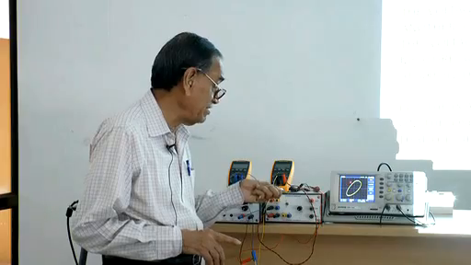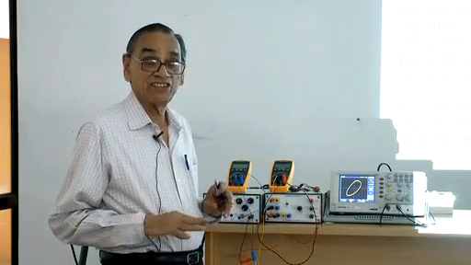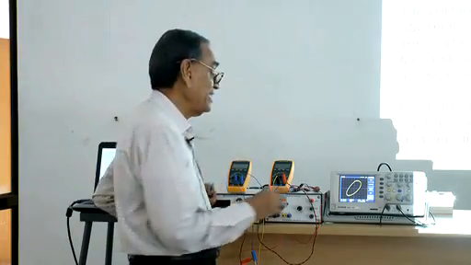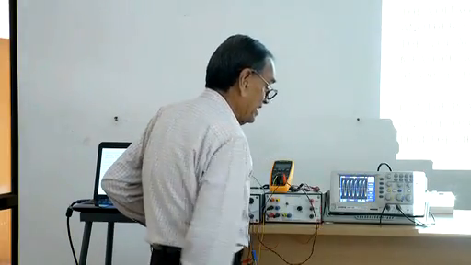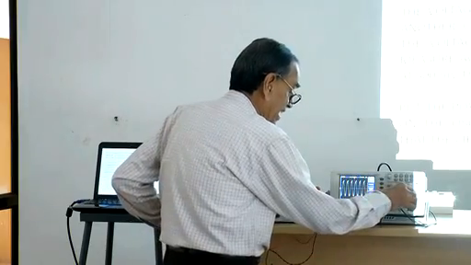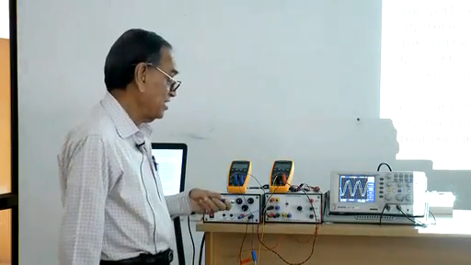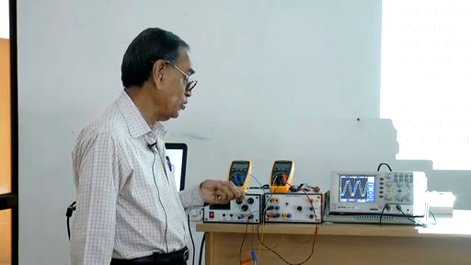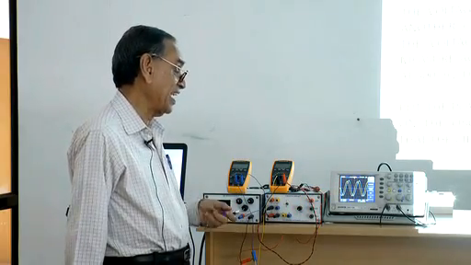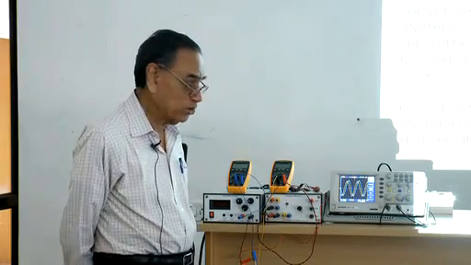The loop is single. It means the frequencies of the two AC voltages are the same, and this you can see if I put it in the YT mode and I reduce the time scale. You see the AC voltage across C2 is the yellow line, AC voltage across C1 is the blue line.